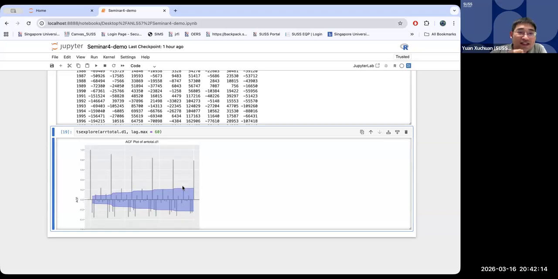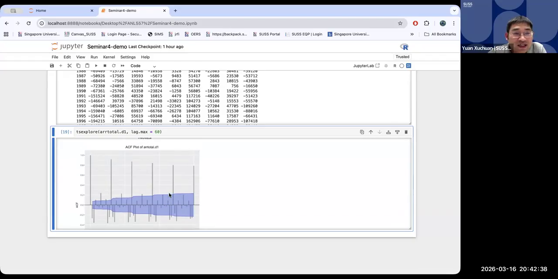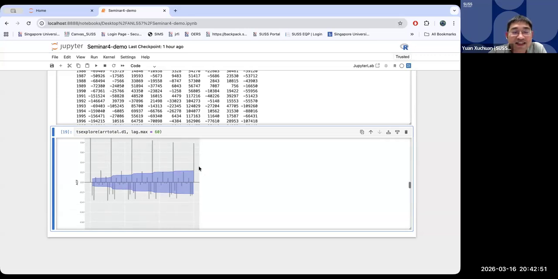If you look at the ACF plot, for certain lags the ACF is beyond the blue area, the two standard deviation band, right? So clearly the ACF does not decay exponentially, and it decays slowly, up to like 60.